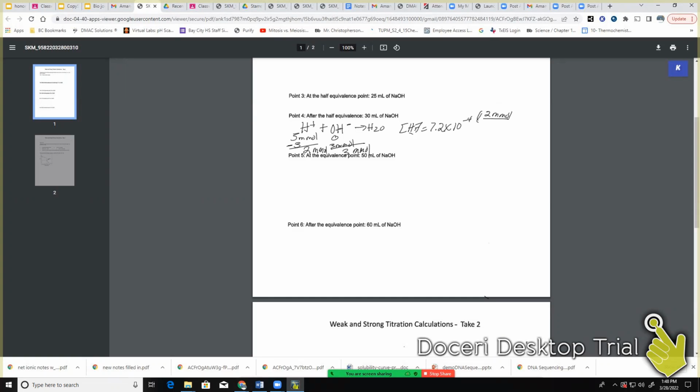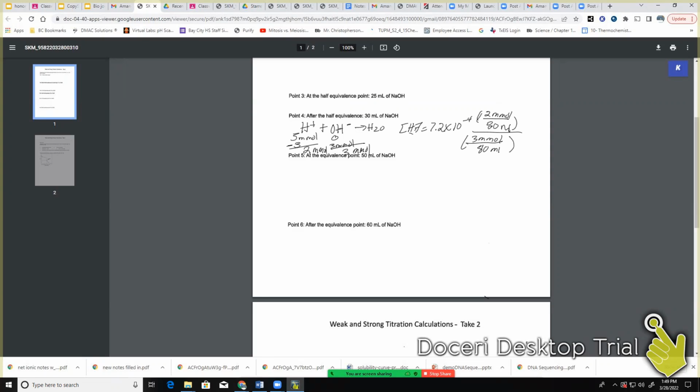volume. So that was 30 of my base and 50, so that is 80 mLs. And then for my base, I have 3 millimoles left, and it's that same volume. That 80 comes from the 50 originally of your acid, and then now at this point we've added 30 milliliters of our sodium hydroxide.